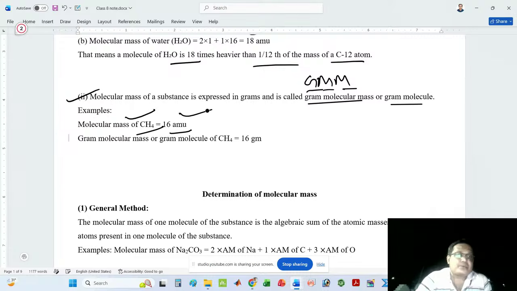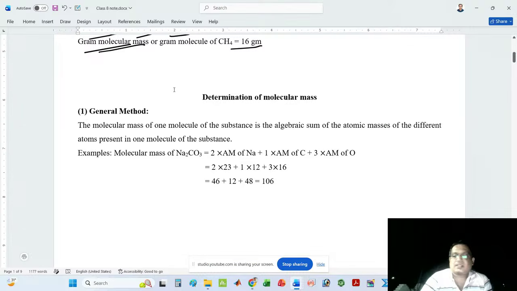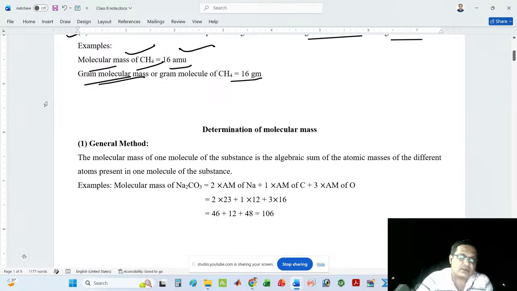But when I convert the molecular mass into gram molecular mass, I can say that gram molecular mass of methane is 16 gram. Similarly, suppose we take water molecule.